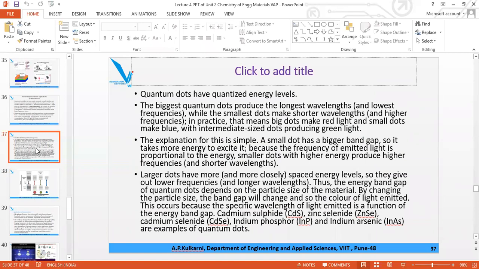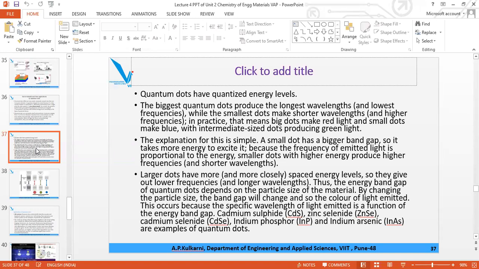A small dot has the bigger band gap, so it takes more energy to excite the electron from lower to higher level, because the frequency of emitted light is proportional to energy. So smaller dots with higher energy produce higher frequencies and shorter wavelength. Higher frequency means shorter wavelength.